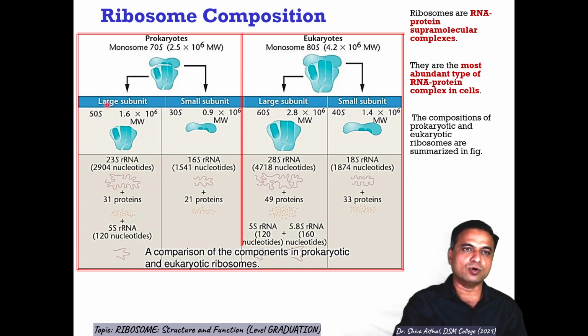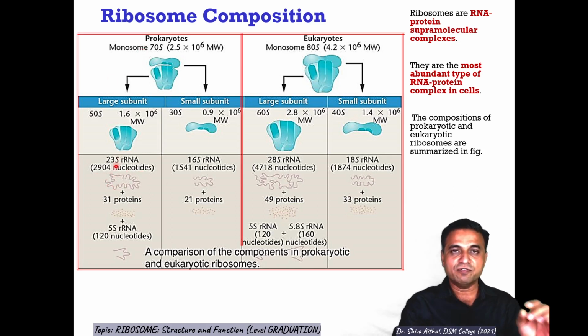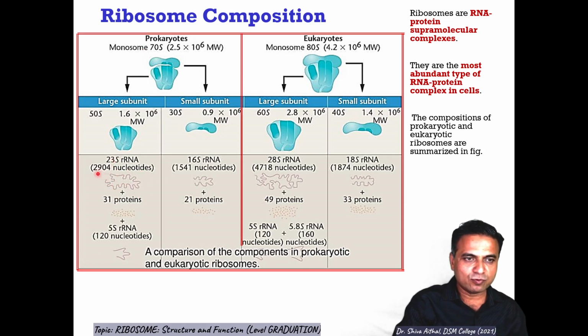Prokaryotes, remember, in prokaryotes 50S is made up of again two RNA molecules. One is made up of 2904 nucleotides, other is made up of 120 nucleotides. See the cursor here, see the red dot. This is 5S RNA made up of 120 nucleotides.